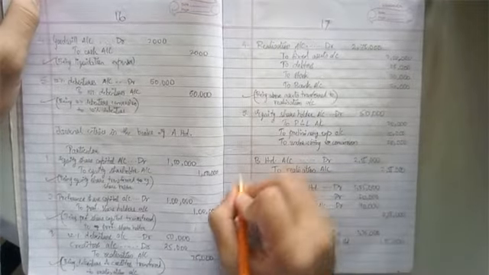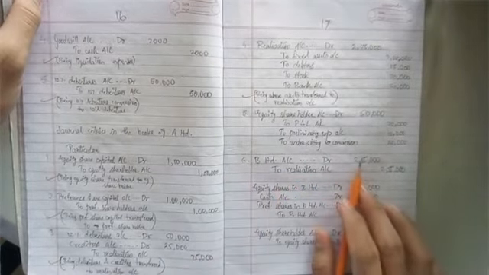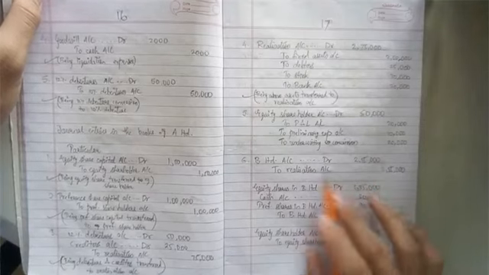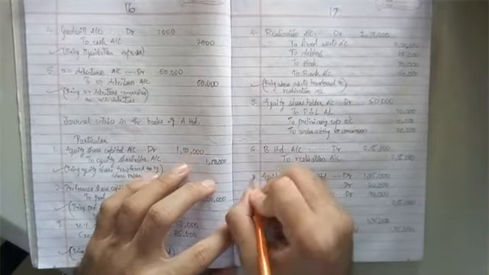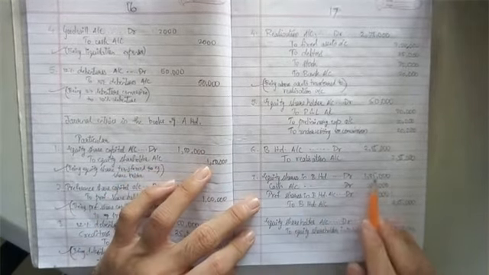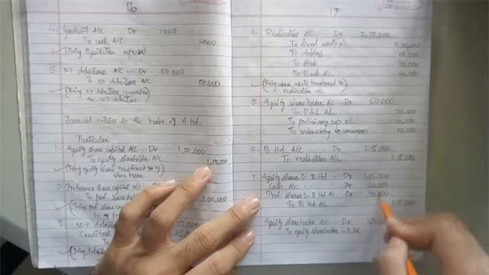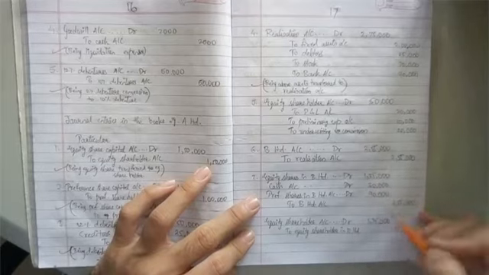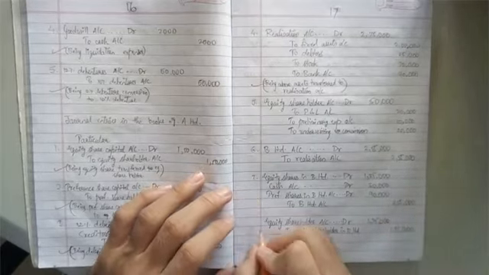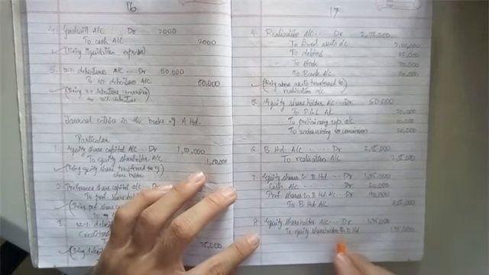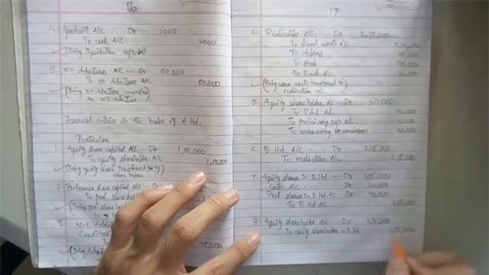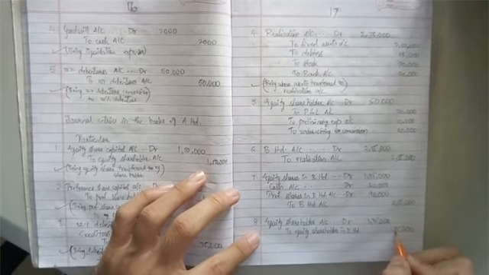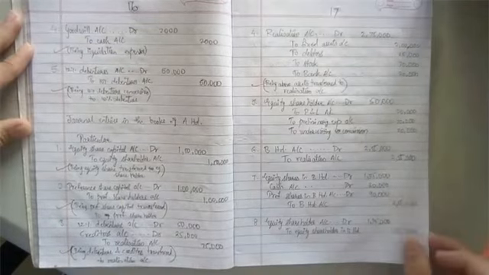Then the sixth one, B Limited 2,55,000 to realization account 2,55,000, the purchase consideration which is there. Then equity shares in B Limited 1,35,000, cash this much, this much. This is the split-up of the purchase consideration to B Limited account 2,55,000. Then equity shareholders debited 1 lakh to equity shares in B Limited. So these are the new shares which the shareholders will be getting. New shareholders of B Limited will be getting 1,35,000.